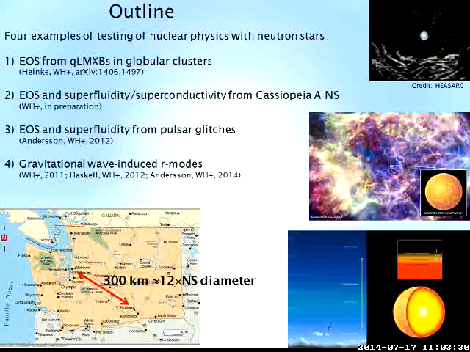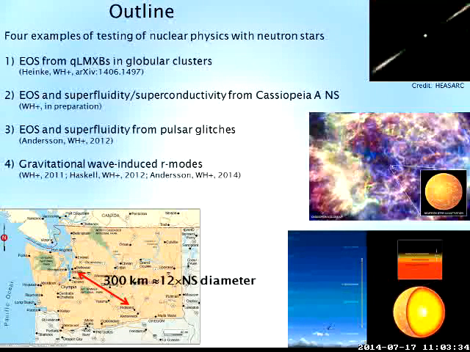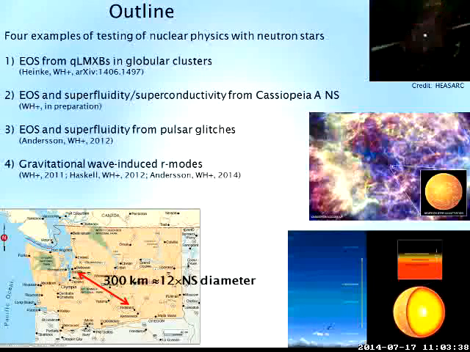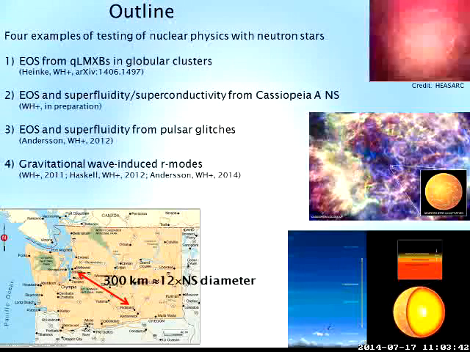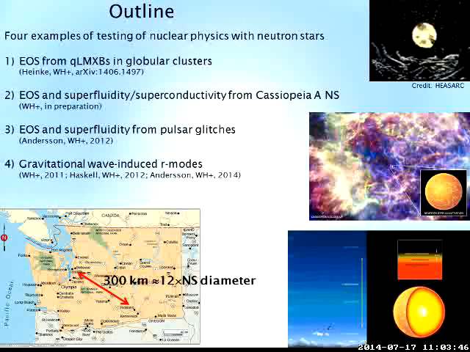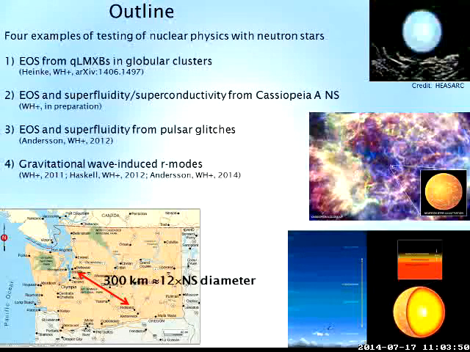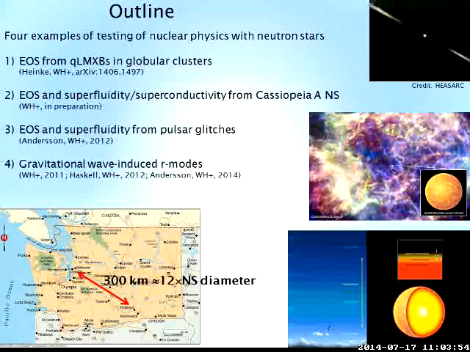Then I'll talk about the equation of state and superfluidity and superconductivity from the Cas A neutron star. Then the equation of state and superfluidity from looking at pulsar glitches, which Andrew mentioned. And then gravitational waves from r-modes. Simon talked about this, but I'll have more to say about it.